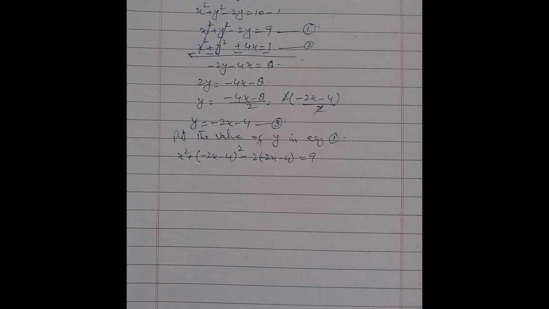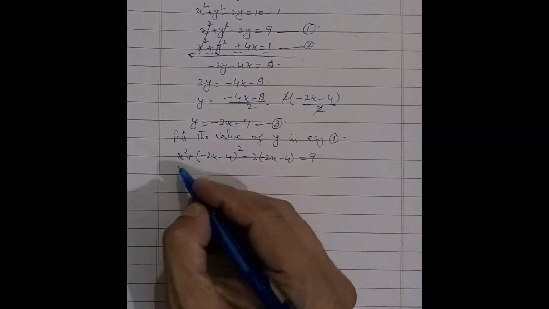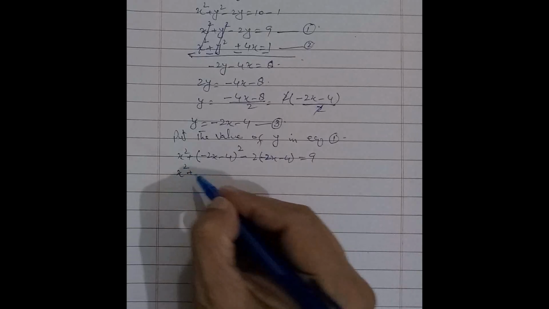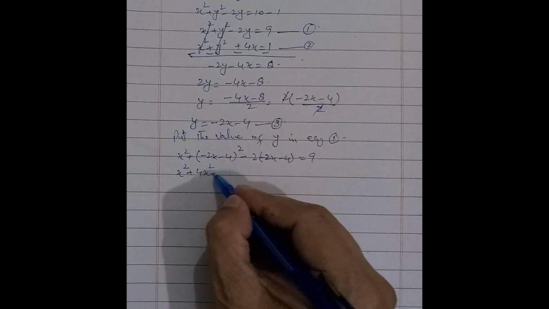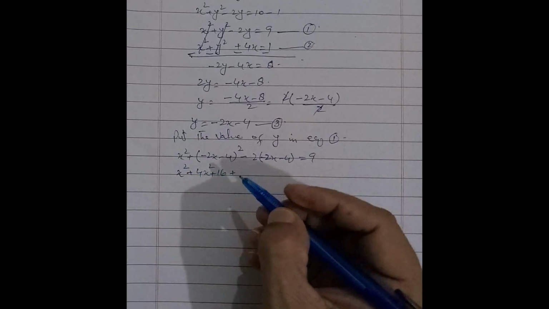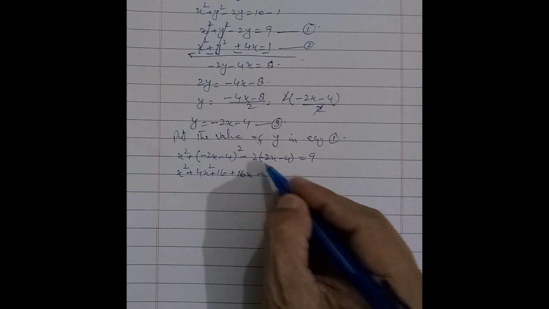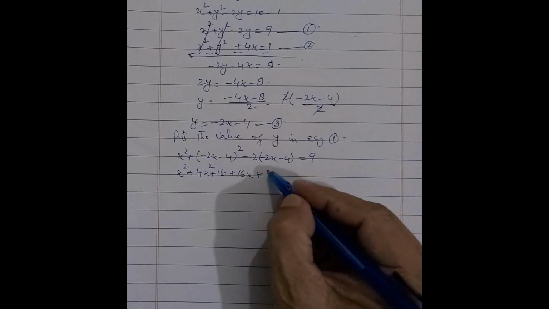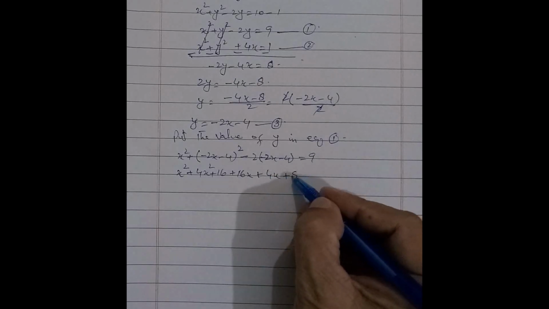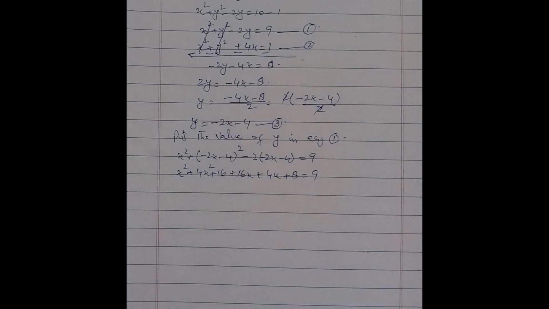Now we solve these values. X square plus 4x square plus 16 plus 4, 2s are 8, 2s are 16x, minus multiplied by minus plus, 4x plus 8 is equal to 9.